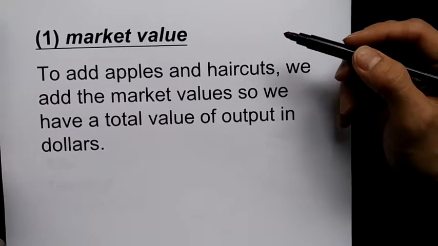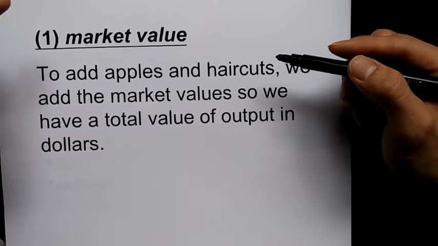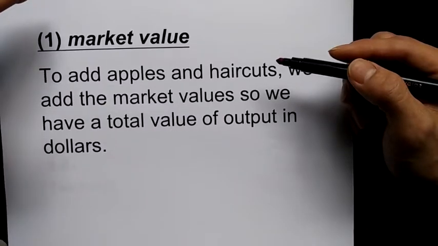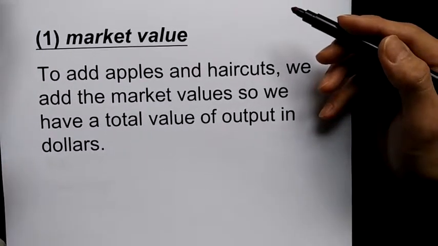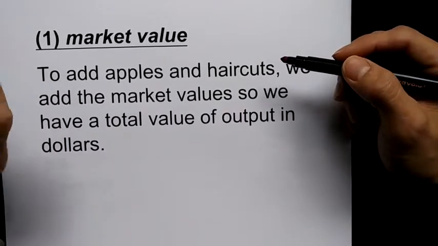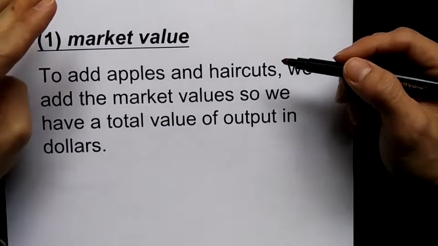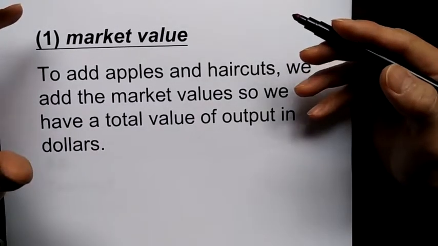But there is a way we can add apples to haircuts to books. If we can measure apples, haircuts, and books using the same units, then we can sum them up.